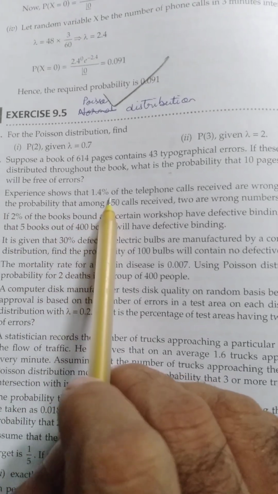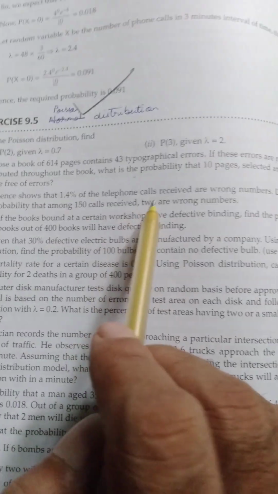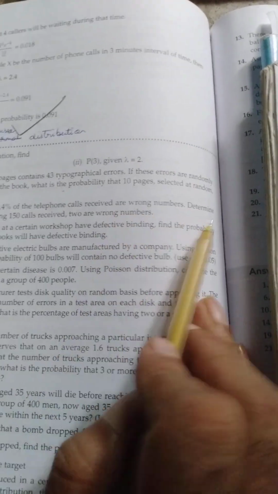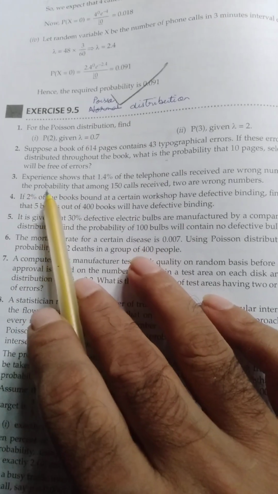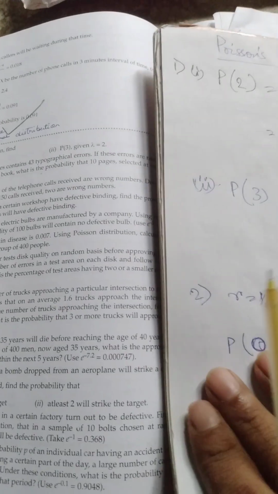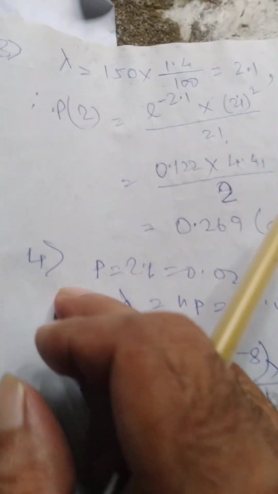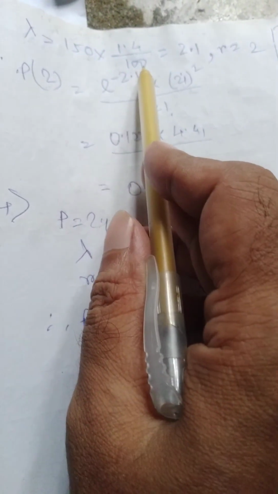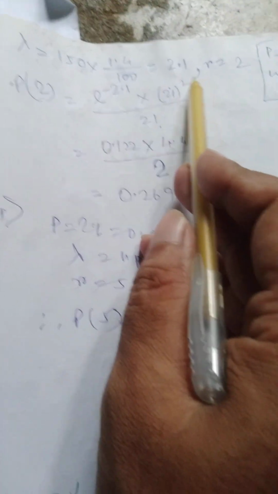Experience shows that 1.4% of the telephone calls received are wrong numbers. Determine the probability that among the 150 calls received, 2 are wrong numbers. Here is the solution. Lambda equals 150 into 1.4 divided by 100 equals 2.1.